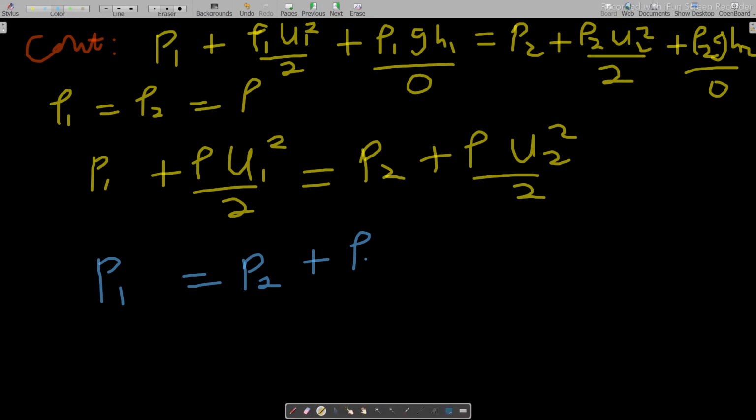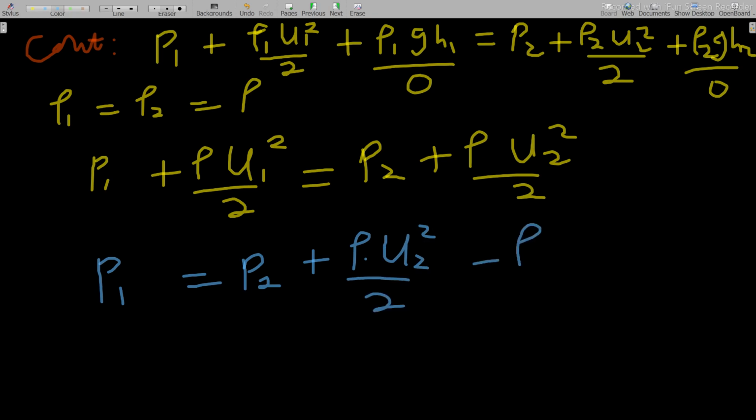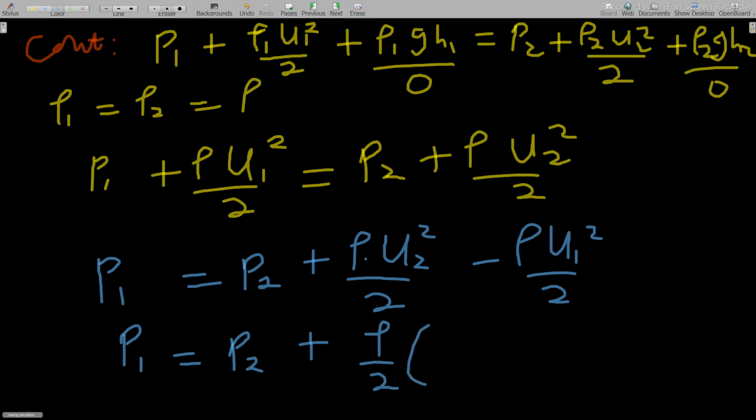Alright, so ρ U2 squared over 2 minus ρ U1 squared over 2. So it means that my P1 will now be equal to P2 plus ρ over 2 times U2 squared minus U1 squared.